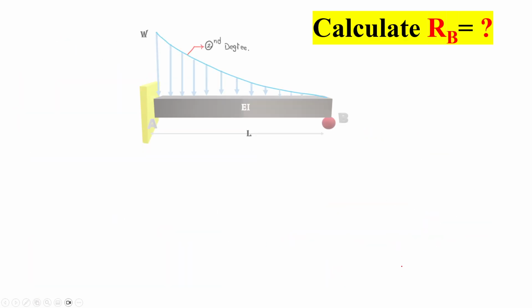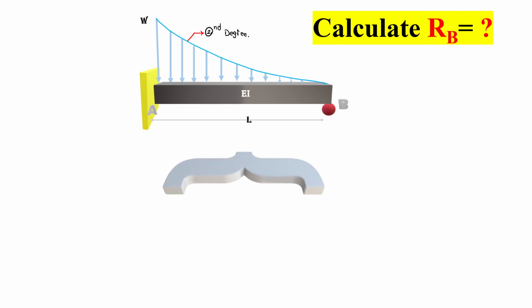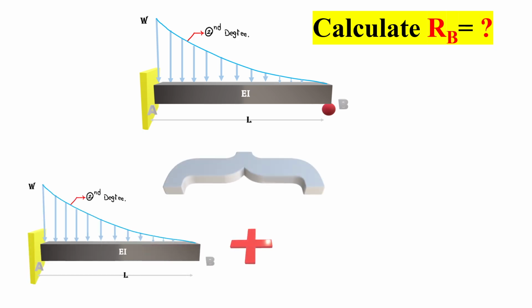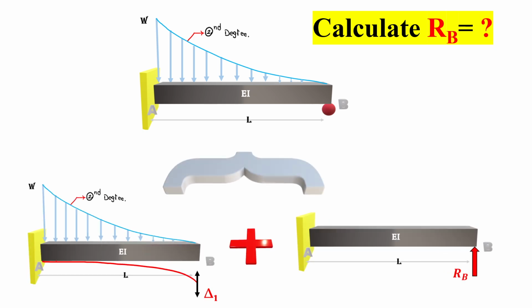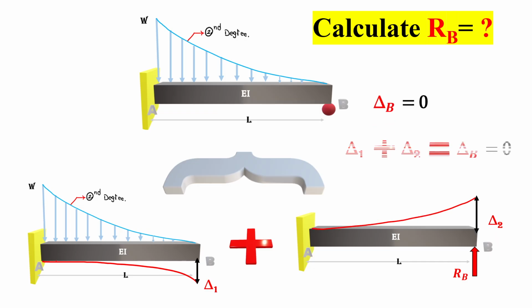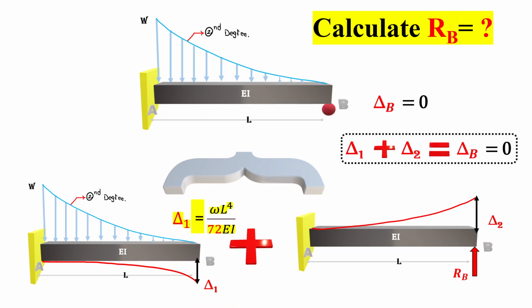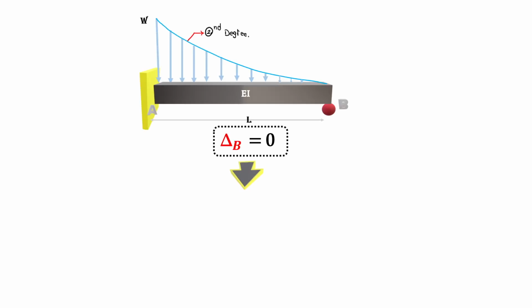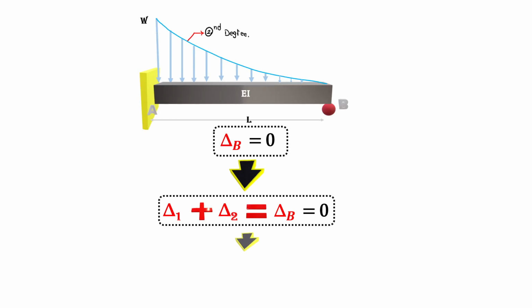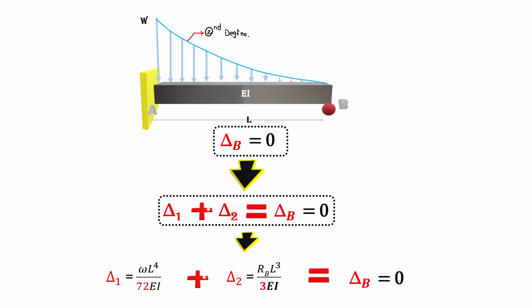And if you have that, now the calculation of RB is simply the superposition of delta 1 plus delta 2, and add them up together. Because the delta at B is equal to 0, the summation of delta 1 plus delta 2 definitely should be 0.